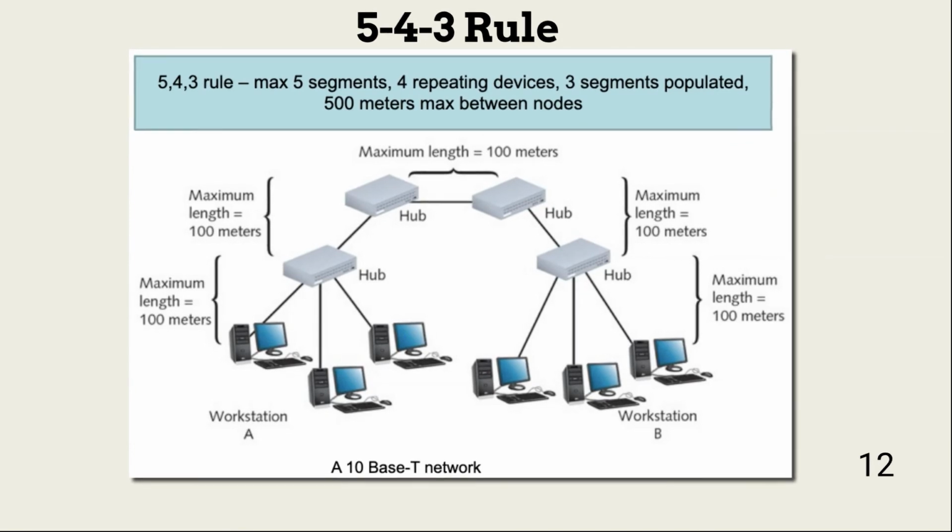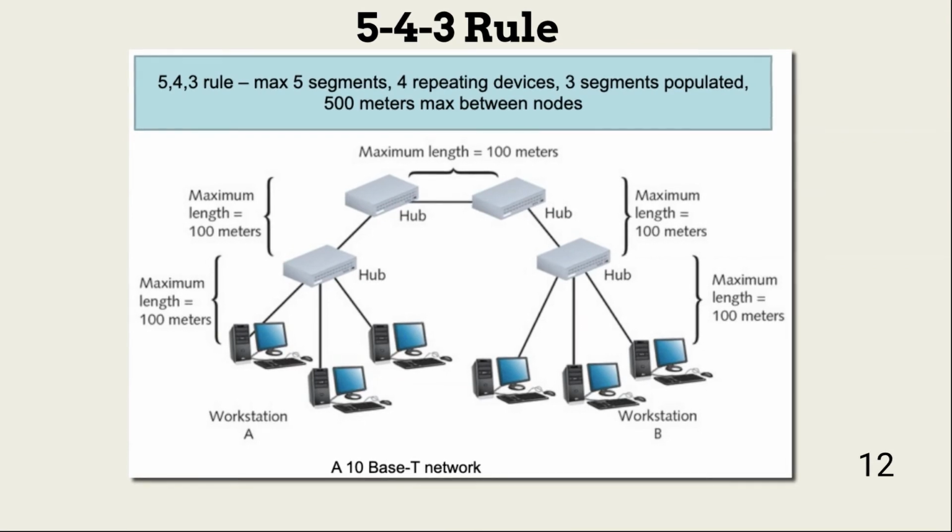First, there can be a maximum of 5 segments created with repeaters or concentrators. The segments can be connected by a maximum of 4 repeaters and concentrators, and finally, only 3 of the 5 segments can have user devices or servers or other network devices connected to them.